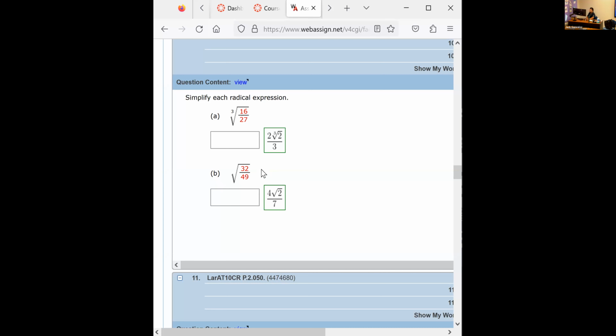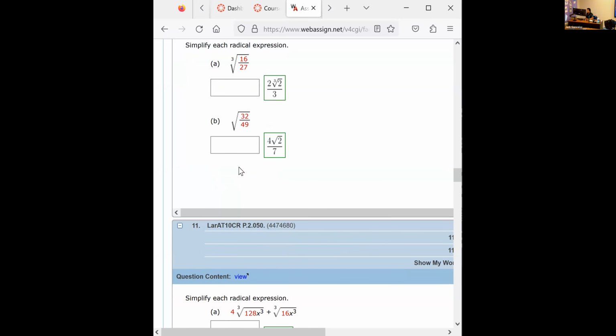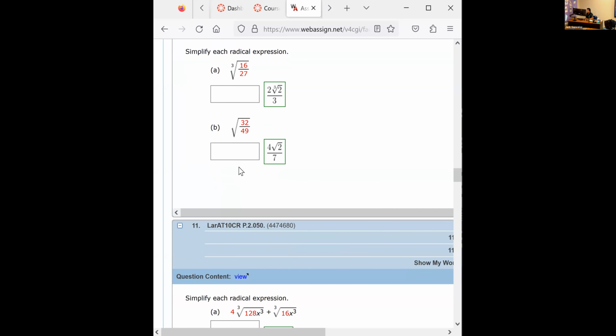So it's the exact same thing, just one extra step. Does that make sense? If it's bothering you, we can do it. If not, I want to move on to 11. So let me know.